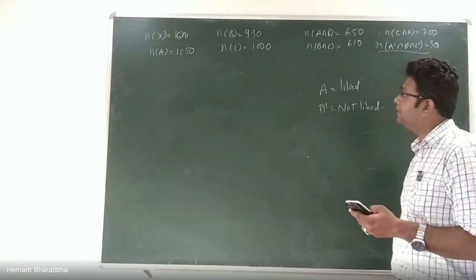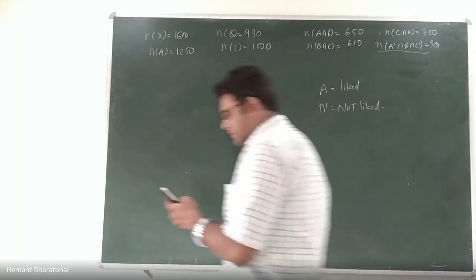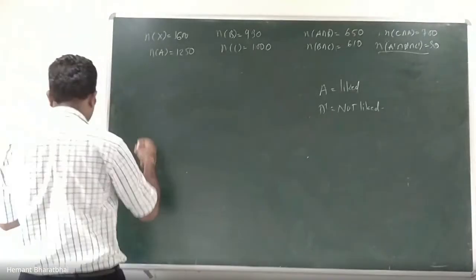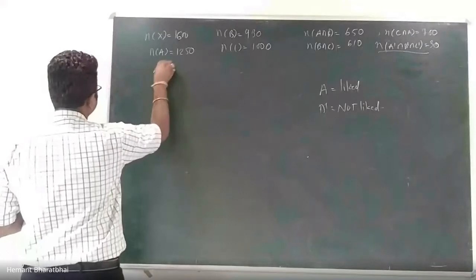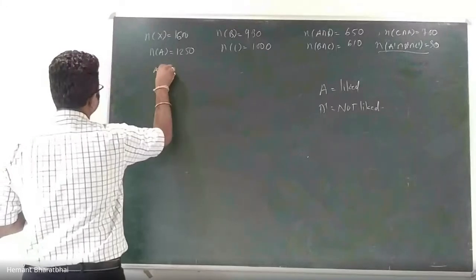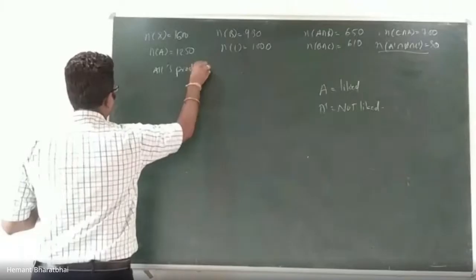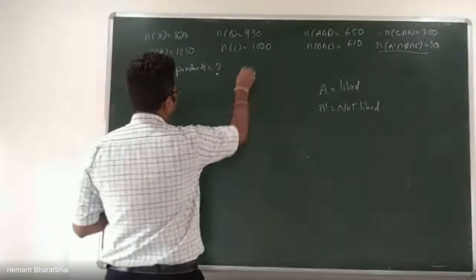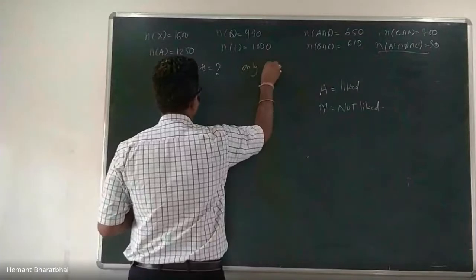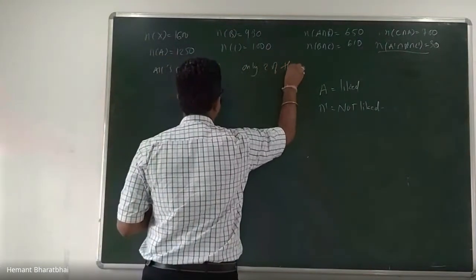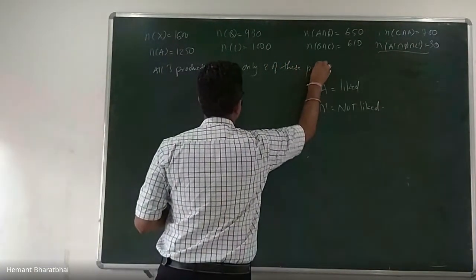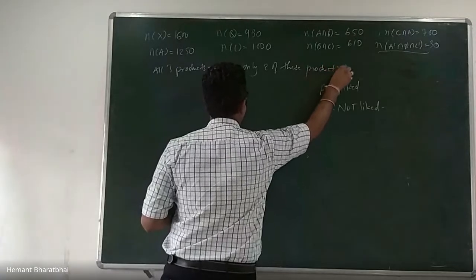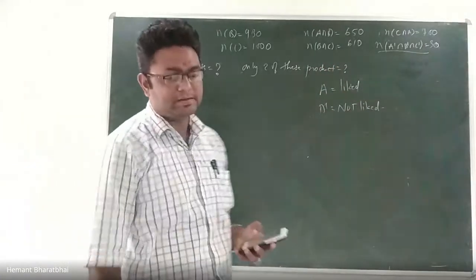So what do we have to find out? Find out the number of consumers who like all the three products and only two of these products. Just apply your mind.